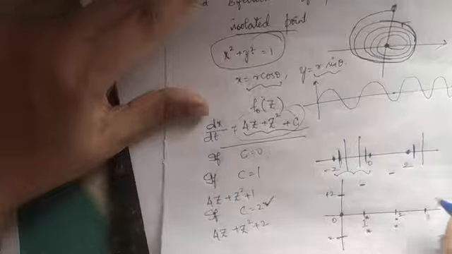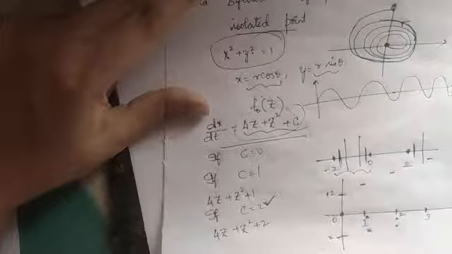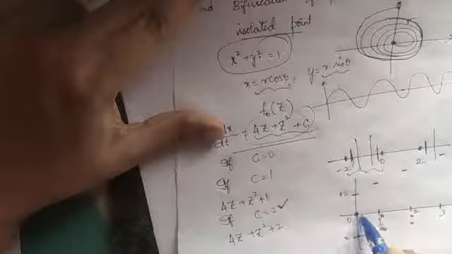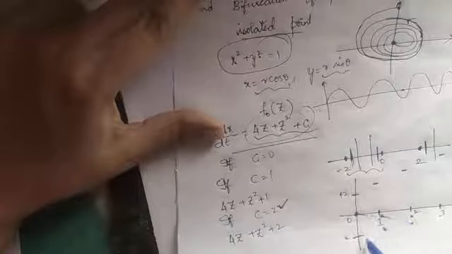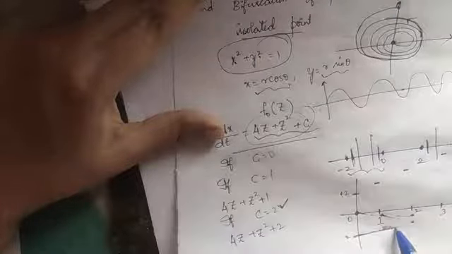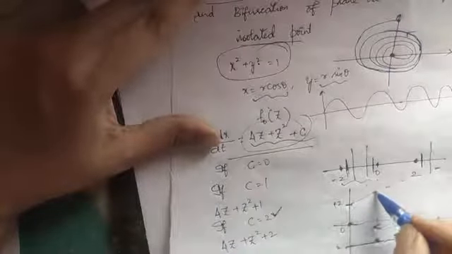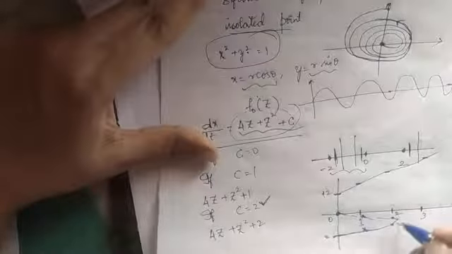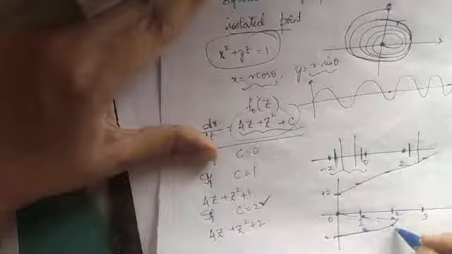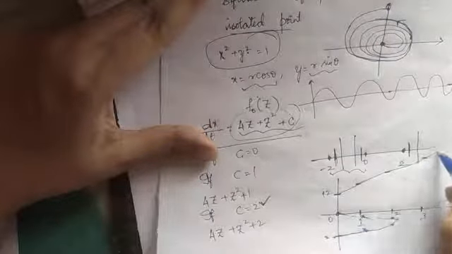When c is equal to 3, it will go somewhere here and these 2 points vanish. So if you plot a graph, you will get it like this, and this will be increasing. So you can observe, as you increase the constant value, one part of the graph vanishes and this will become increasing, right?